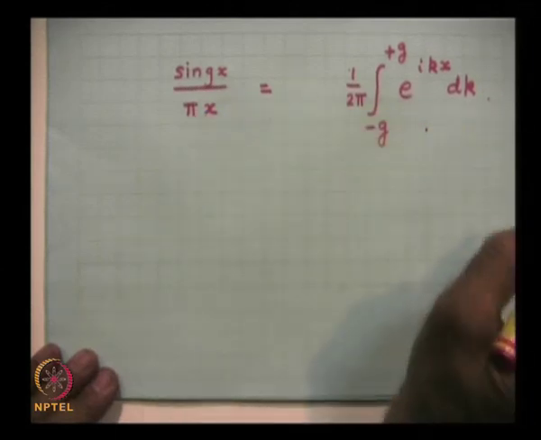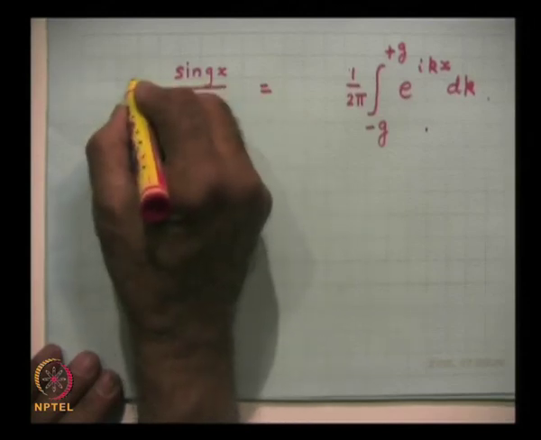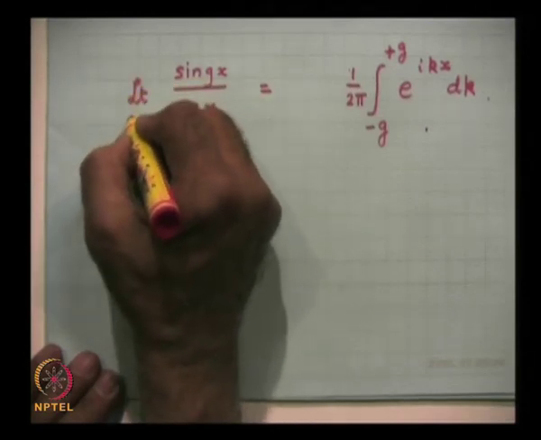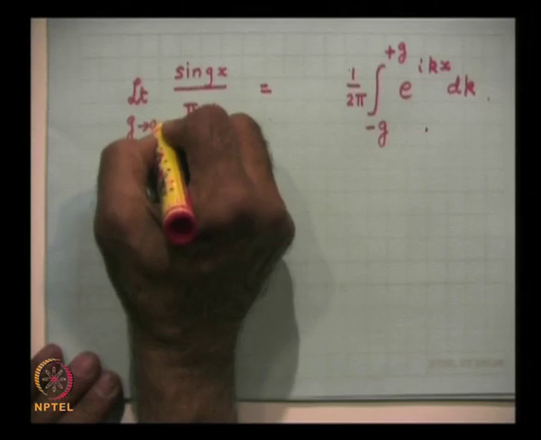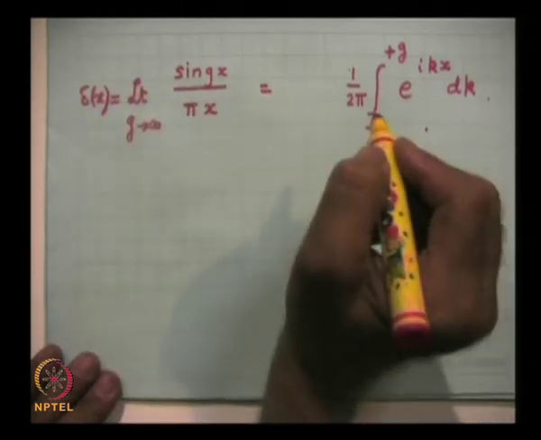But I have shown before that in the limit of g tending to infinity, this becomes the Dirac delta function, delta of x.